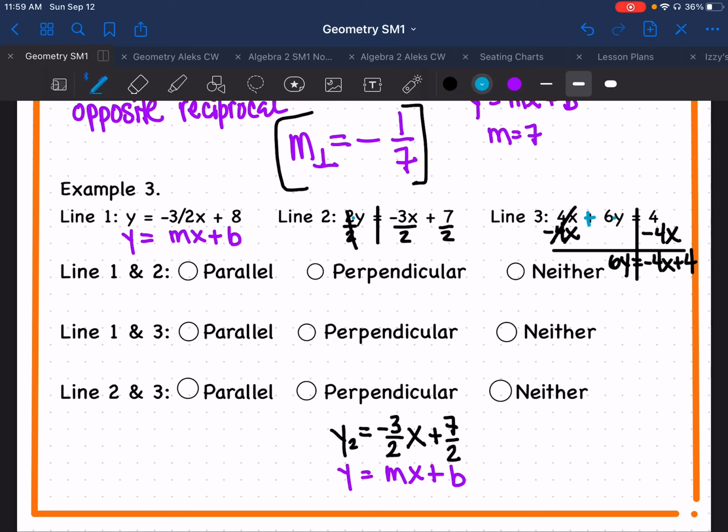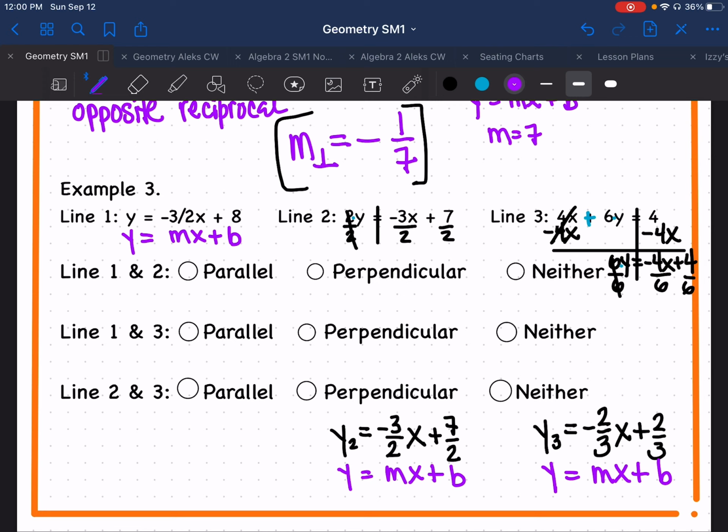I've got to get rid of the 6, and so just like in line 2, I'm going to divide everybody by 6. Now this time, when I divide -4 by 6 in my calculator, it is going to reduce to the fraction -2 over 3, and 4 over 6 will reduce to the fraction 2 over 3 as well. All right, now I am in the form y equals mx plus b.